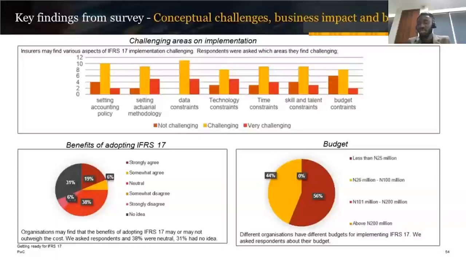They do not know whether IFRS 17's cost measures up to the benefits. 37% agree that the benefit of IFRS 17 would outweigh the cost. Just 6% think that the benefits are not more than the cost, and 31% have no idea on that.